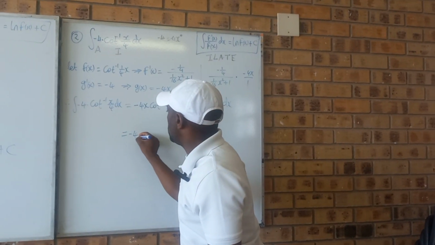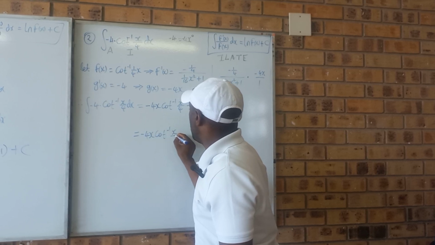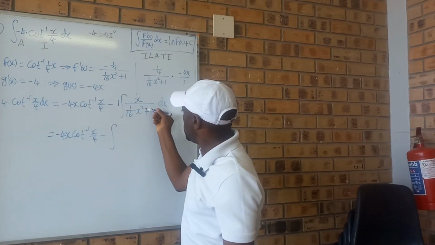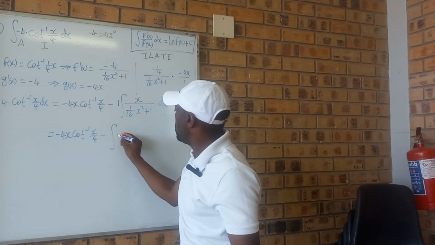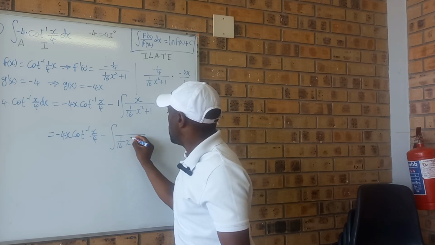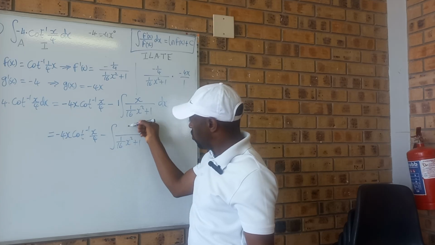So this gives me negative 4x arc cot of x over 4 minus the integral of, so I will take the denominator and put it in the place of f in that formula. As I put it there, I'll have 1 over 16 x squared plus 1. Then I will differentiate this and put my answer out there.